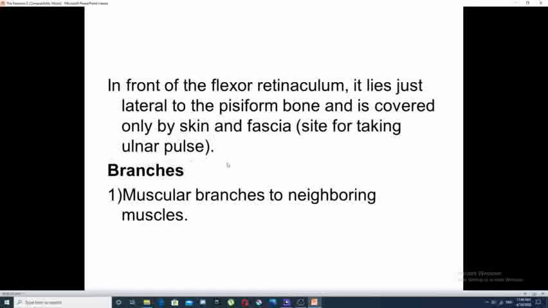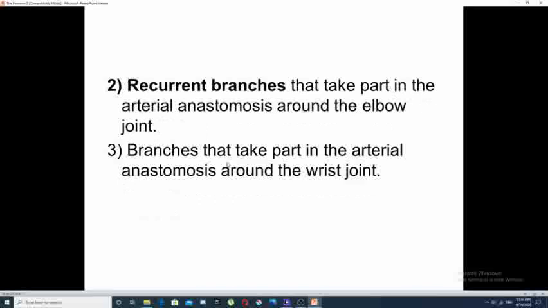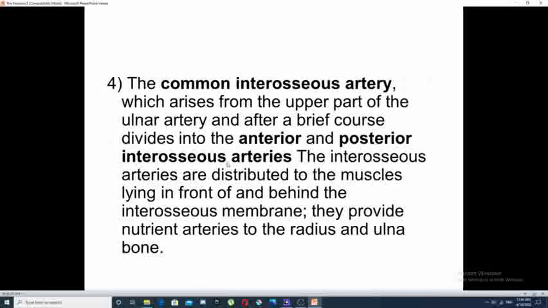Branches of the ulnar artery: muscular branches; recurrent branches, which take part in arterial anastomosis around the elbow joint; and branches that form anastomosis at the wrist joint. An important branch is called the common interosseous artery.